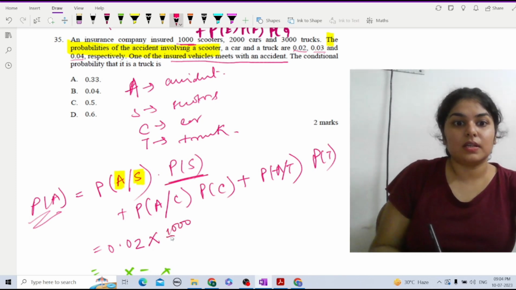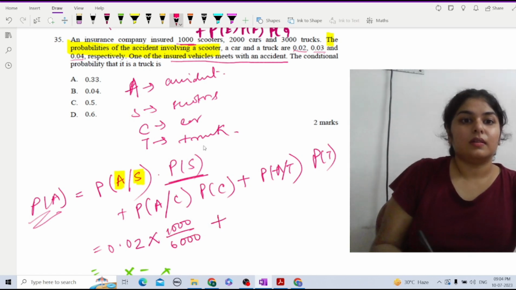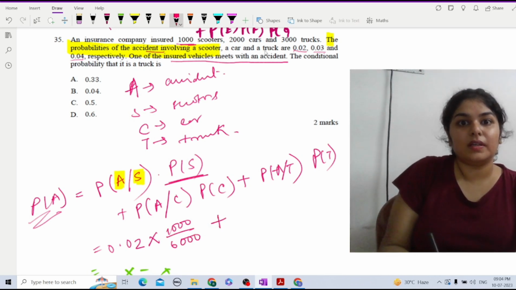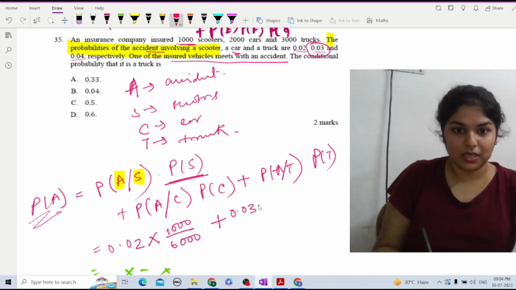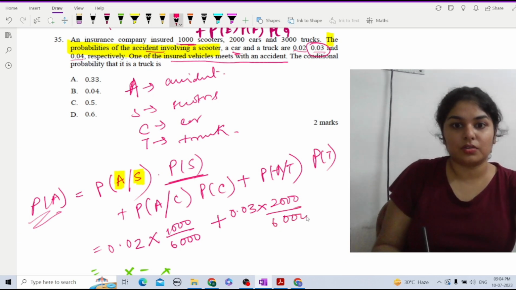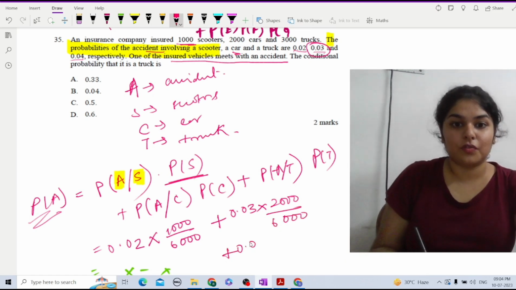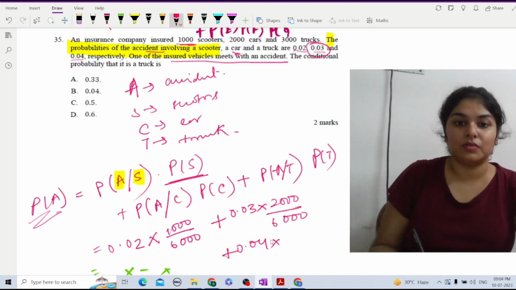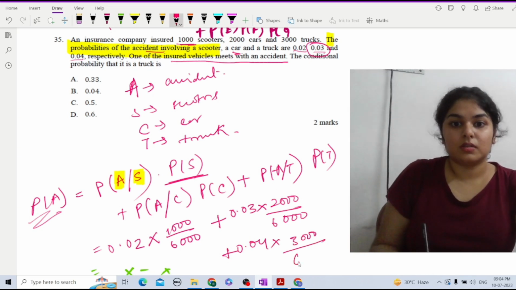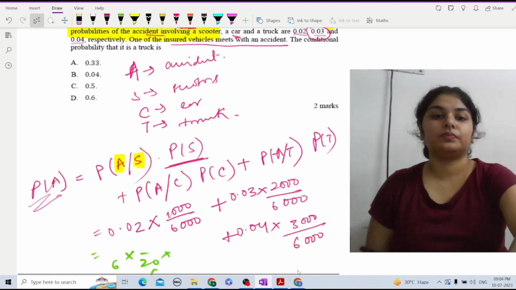So this is 1000 by 6000. Okay, plus again accident involving a car is 0.03. So 0.03 into how many cars? 2000 out of 6000 that is getting insured. Plus again when it is truck, it is 0.04 into how many trucks getting insured? 3000 out of 6000 probability. Done?